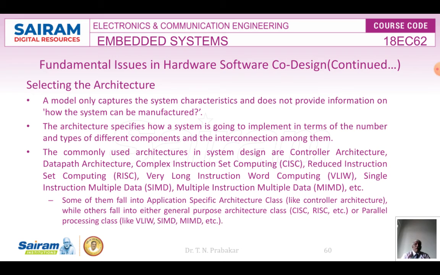One example for RISC is our ARM Cortex M3 processor, which we have already discussed, and these can be used as a general purpose controller architecture.